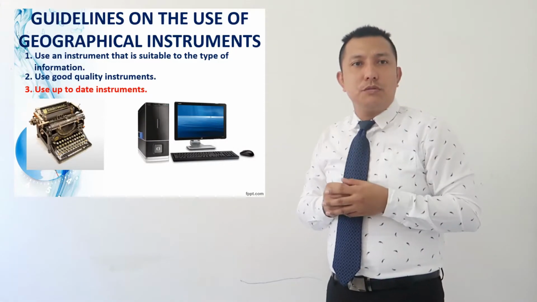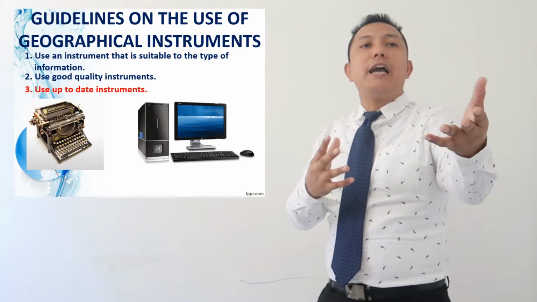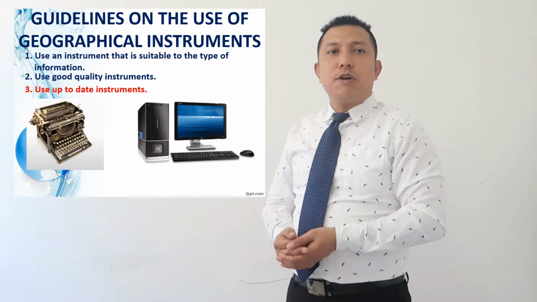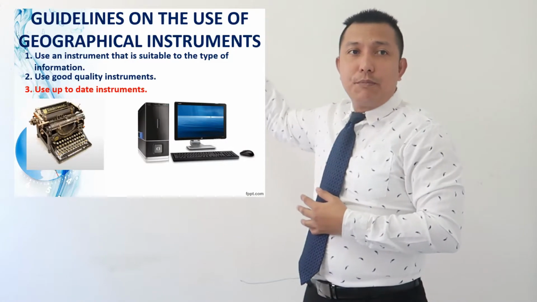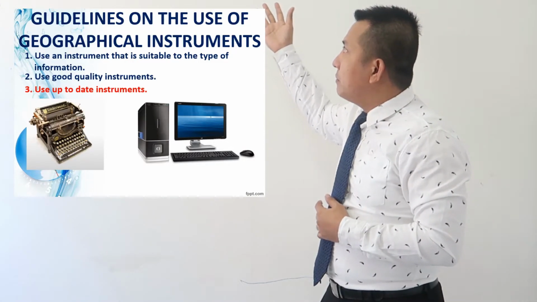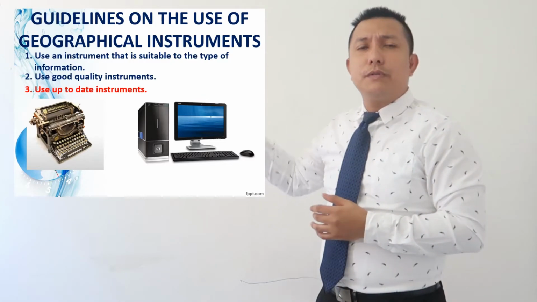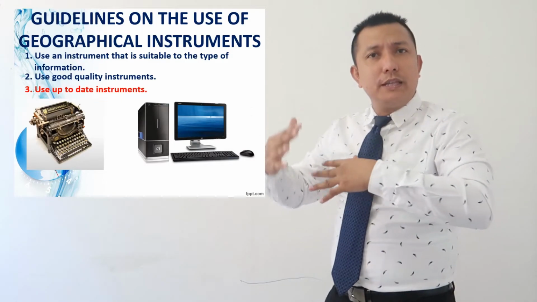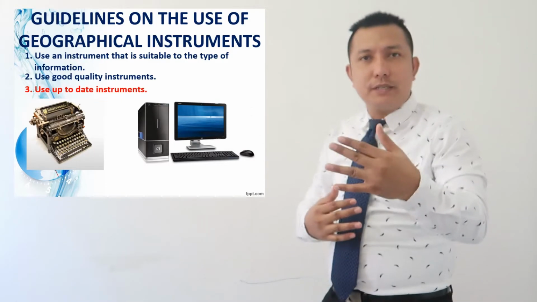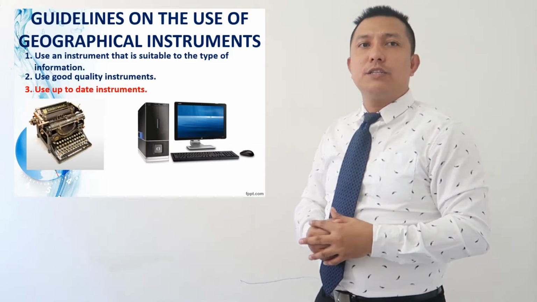It's better to use a computer. It's easy, fast, accurate and effective, rather than a typewriter. It takes time to finish your work, and if you did something wrong, you have to do it again from the start. So it's better if you use modern instruments.